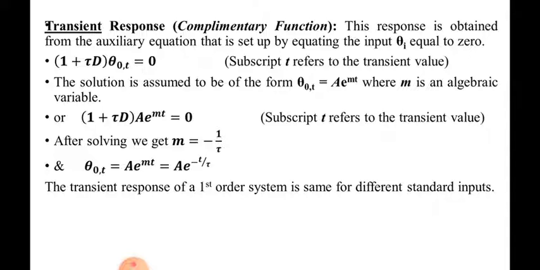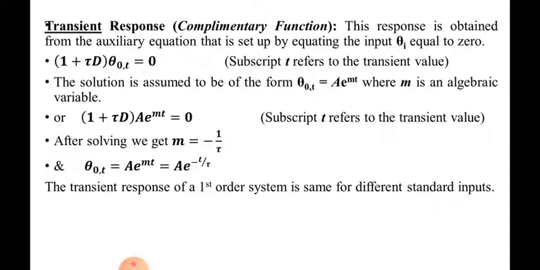If we put m equal to minus 1 by tau in the above equation, we obtain theta 0,t equal to A e raised to minus t by tau. The transient response of a first order system is the same for different standard inputs.